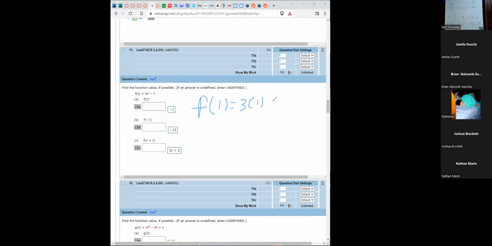There's no more x's, so just minus 4 there. So the result will be 3 minus 4, right? Which is -1. So that's all you're going to do here. You're going to plug in the number. Technically, this is an x plus 2, but you treat it just the same. Okay.